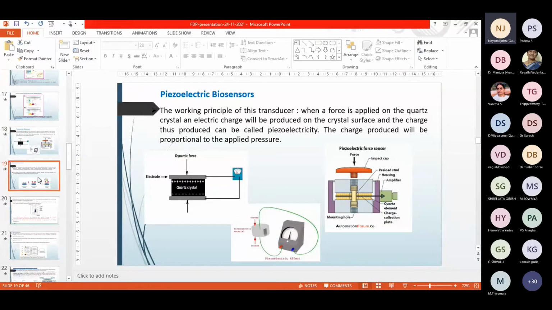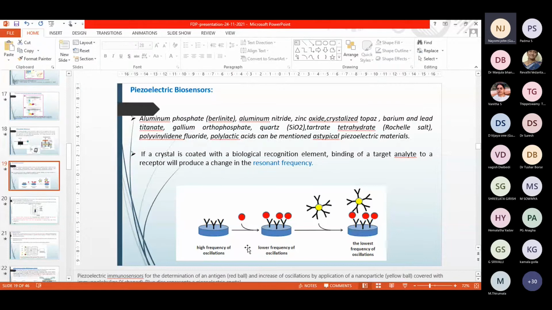And here there is an example given with respect to antibodies bound with the analyte antigen. Earlier, without analyte, here the red color, a high frequency of oscillations happens on the piezoelectric material, for example, as I told you, quartz. But upon binding of the analyte, here maybe antigen you can take, the frequency of these oscillations will be reduced.